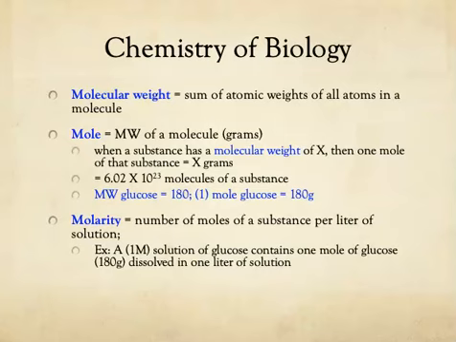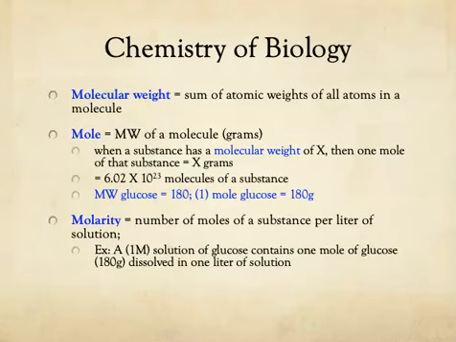So, for example, for a water molecule, we would need to go to the periodic table and look at the atomic weight of both hydrogen and oxygen. We would take one oxygen atom and two hydrogen atom weights and combine them to determine the molecular weight of water.